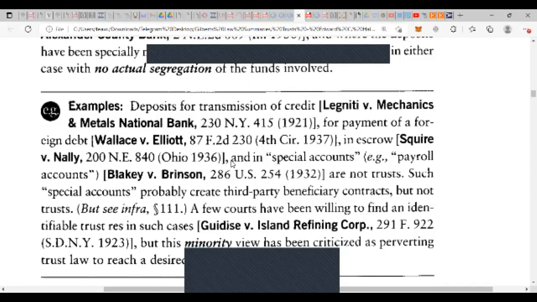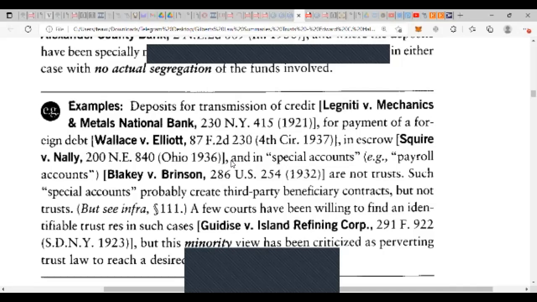Examples: deposits for transmission of credit, Legnity versus Mechanics and Metals National Bank, 1921; for payment of a foreign debt, Wallace versus Elliott; in escrow, Squire versus Nally, 1936, Ohio; and special accounts, payroll accounts, Blakely versus Brinson, are not trusts.